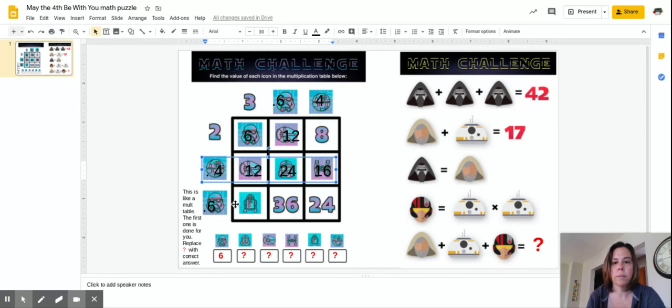And so now we have this figure down here. We have 6 times 3, so that would be 18. So then down here, we have that first figure is 6. We have the second figure, which is right here, which is 24.